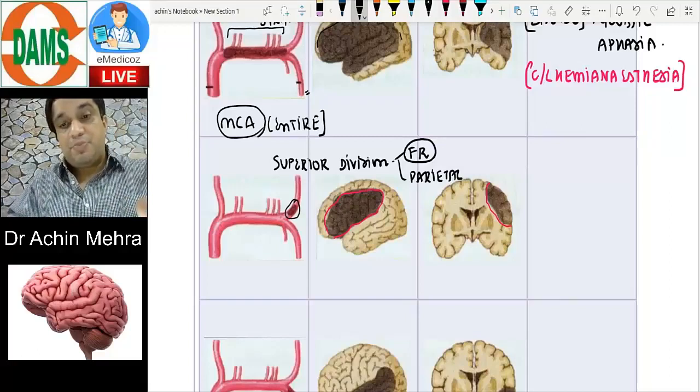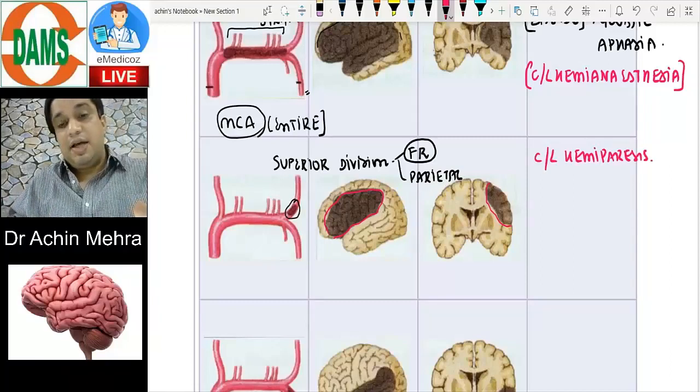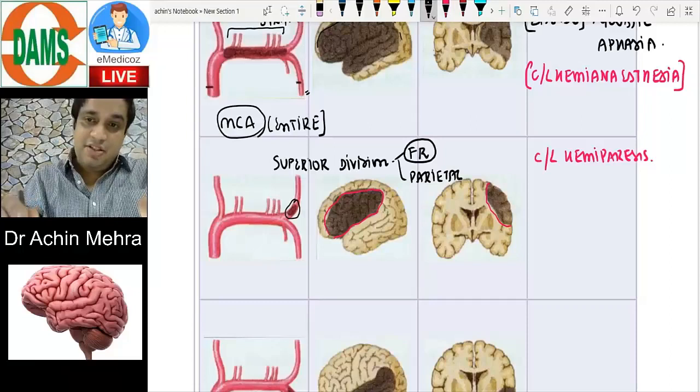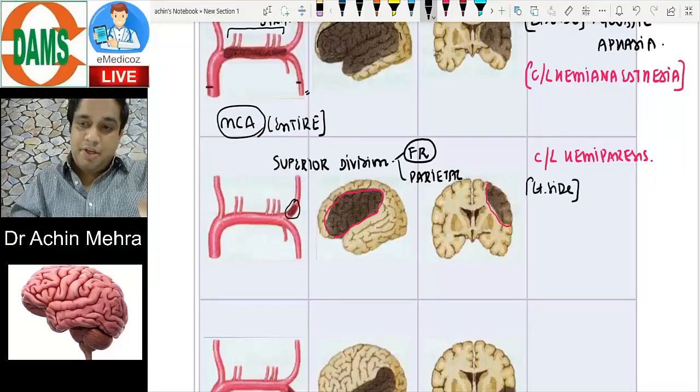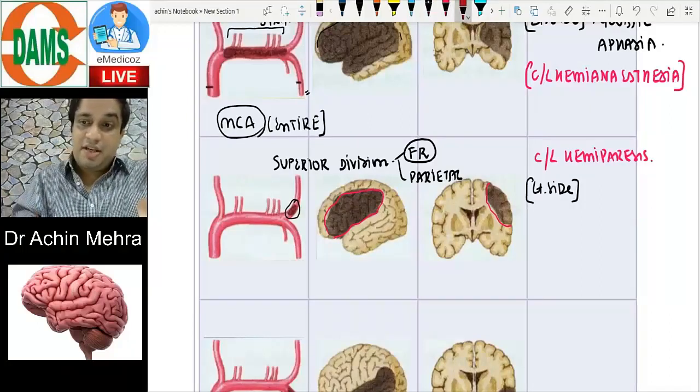Now if at all the superior division of MCA is involved, the frontal lobe is involved. If the frontal lobe is involved, we're going to have contralateral hemiparesis. One thing. And if you remember, the frontal lobe had the house for the Broca's area, number 44-45 in the inferior frontal gyrus. So if the lesion is on the left side of the brain, involving the superior division of MCA, the dominant side, we get which aphasia?